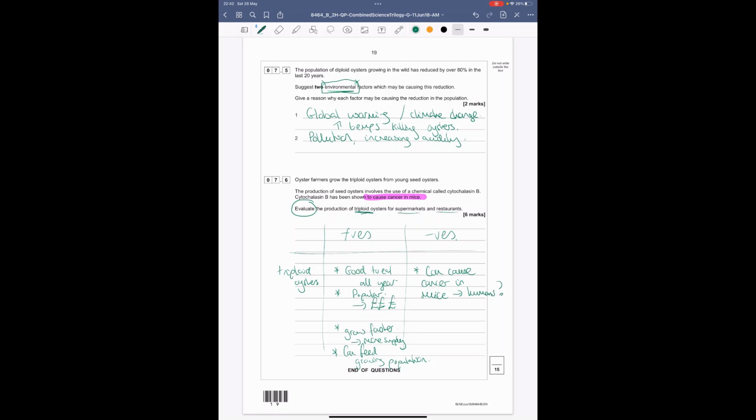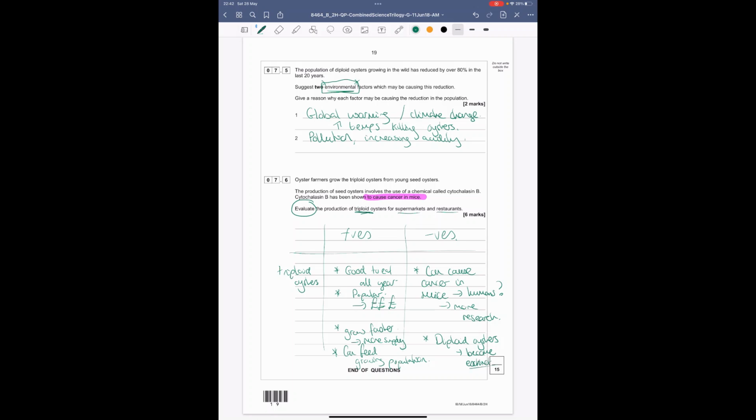It's not confirmed yet, but there's a chance it could. So therefore, more research is probably needed. Another reason against it is that if you're using these manufactured triploid oysters, the diploid oysters could eventually become extinct. They're being outcompeted.